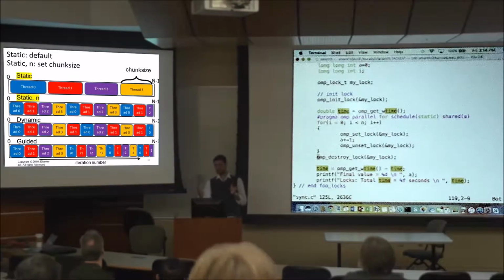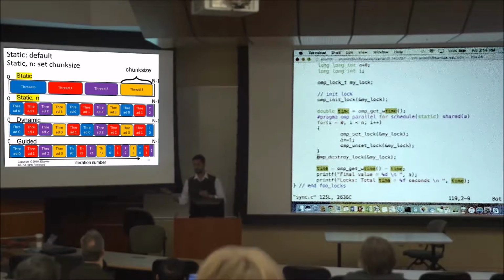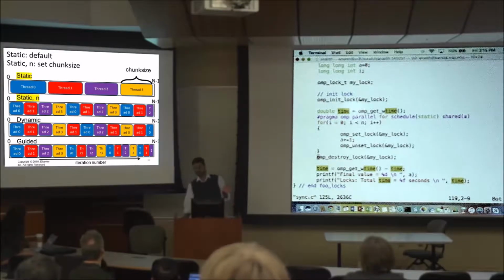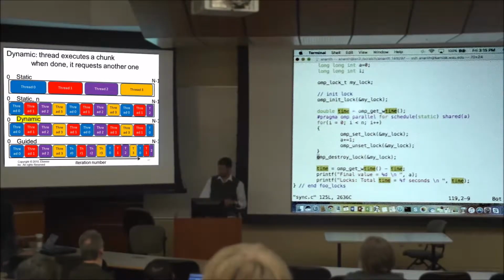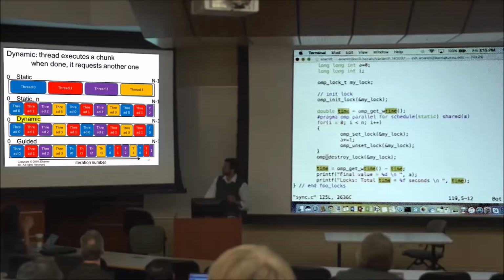You extract work in these chunk sizes and allocate it to the next thread that is looking for work. That's it. All that is handled by the OpenMP environment. Guided is a different scheme somewhere between static and dynamic. Let's not go into those details, but I'll be happy to take questions after the session because we are running slightly short on time.